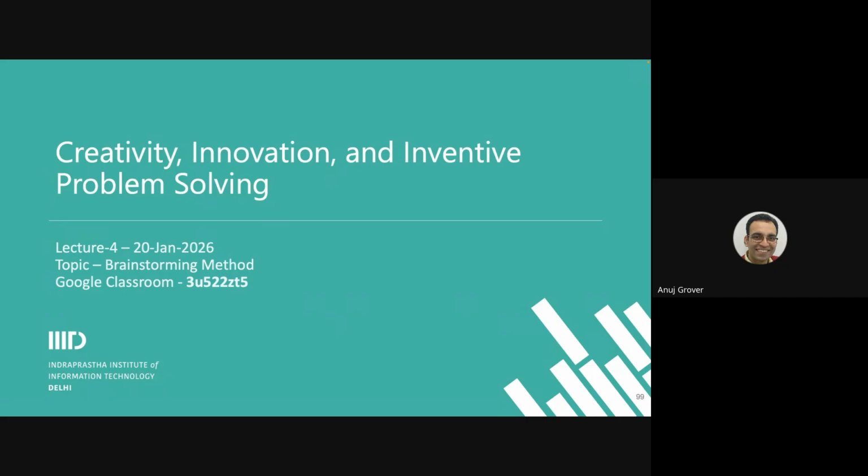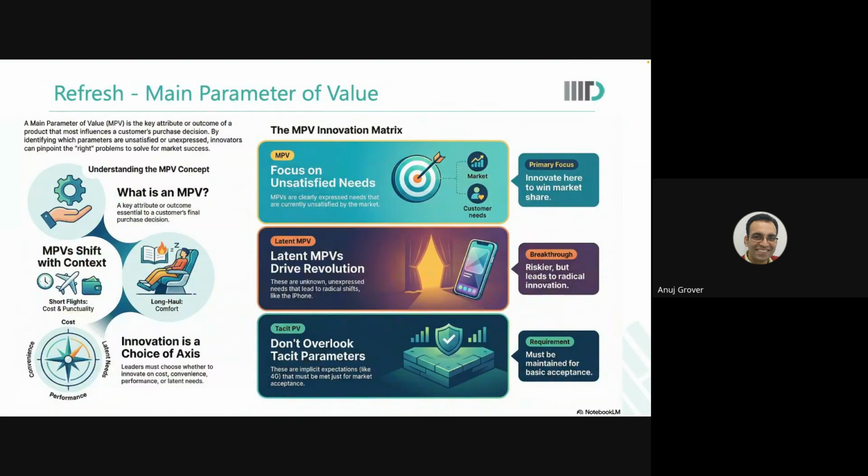Okay. So what is a main parameter of value? What do we remember from last time? Critical of the system. So he's saying there are some levels, top level, multiple levels.